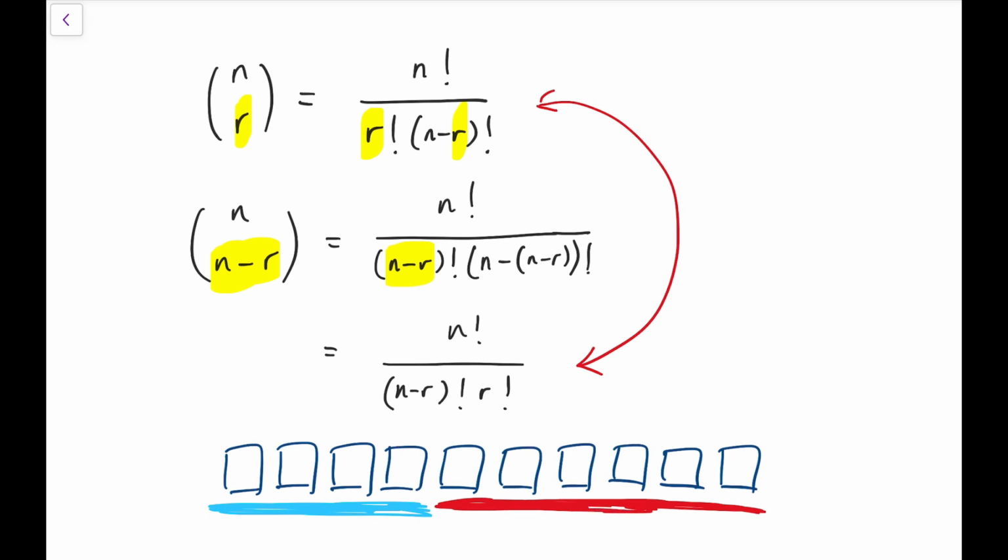So the number of ways to choose 4 objects among 10 should be the same as choosing 6 objects among 10. So that's another way to show that n choose r is equal to n choose n minus r. It's basically the same idea.